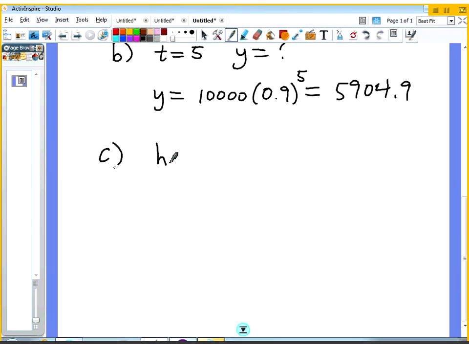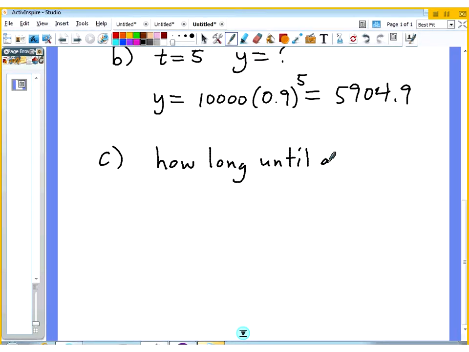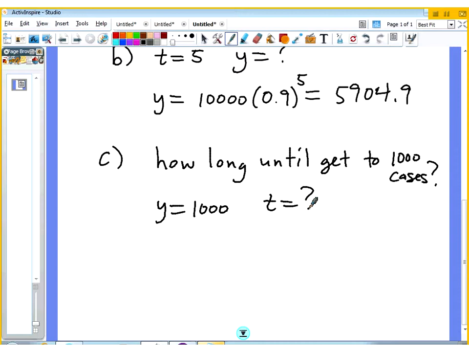Part C says, how long until you get to 1,000 cases? So they're saying Y is 1,000, t is what? So you have this formula, 1,000 equals 10,000 times 0.9 to the t power.